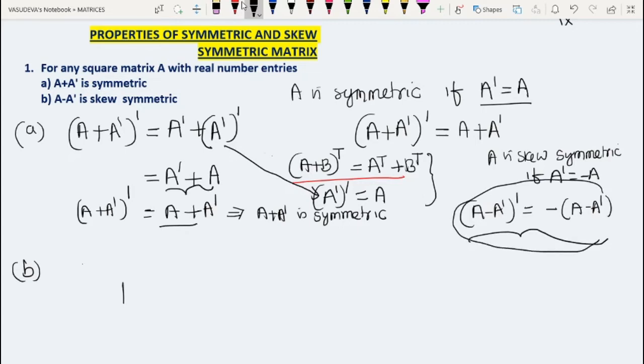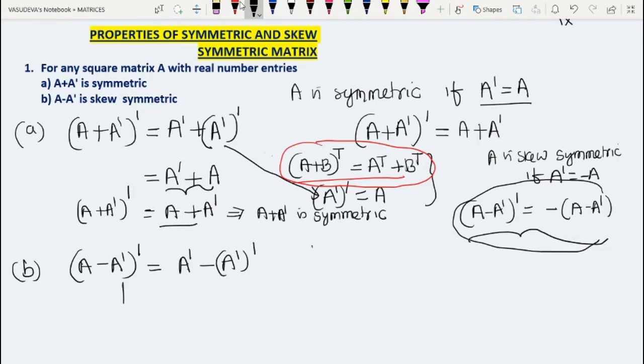So now consider (A minus A dash) whole dash. That is equal to, again by this important property, (A plus B) whole dash, or transpose, is equal to A transpose plus B transpose. Using that, (A minus A dash) whole dash can be written as A dash minus (A dash) whole dash.